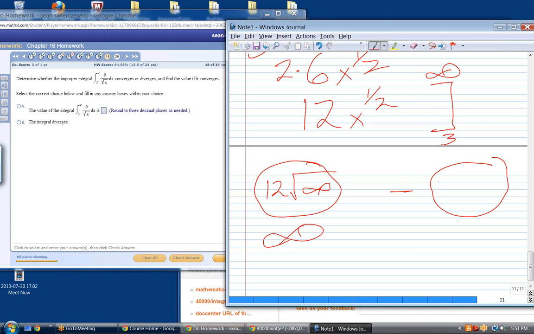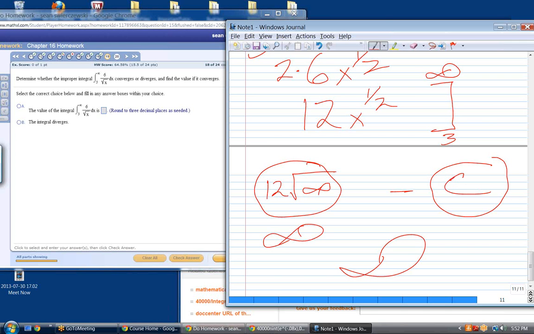Okay, and we're subtracting, well, as long as this is not infinity, then we know our answer diverges, right? Mm-hmm. In other words, it doesn't matter what number I put in here. Since I'm going to substitute 3 for x, this could be 3 million, it could be minus 2, it could be any number at all. If I put any number at all in there, the answer is infinity.